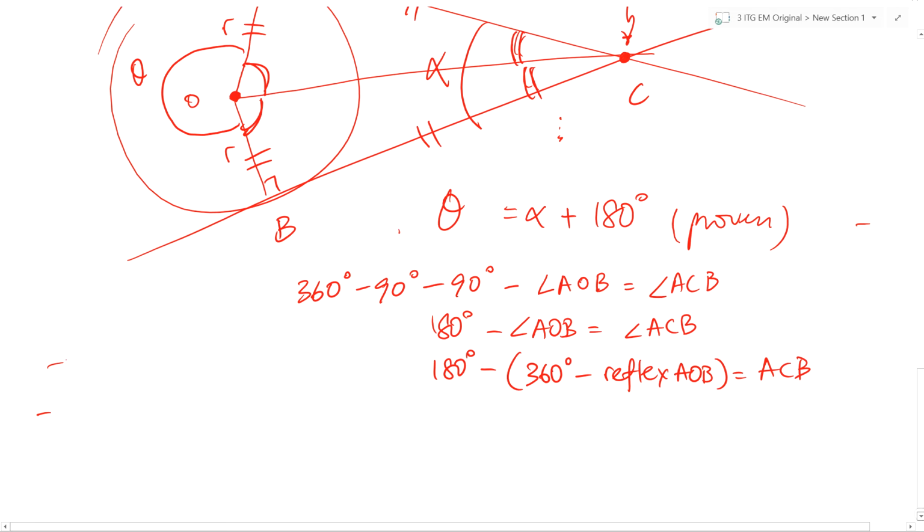So actually from one equation we could have gotten it already. So reflex AOB is ACB plus 180. So this is equivalent to what he was saying.